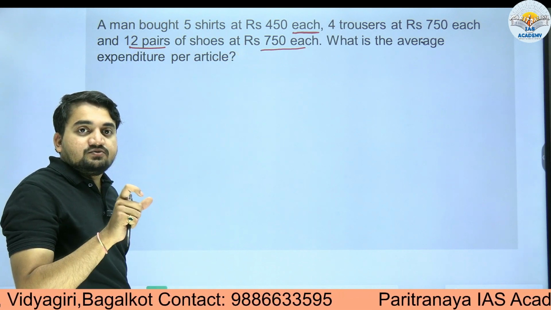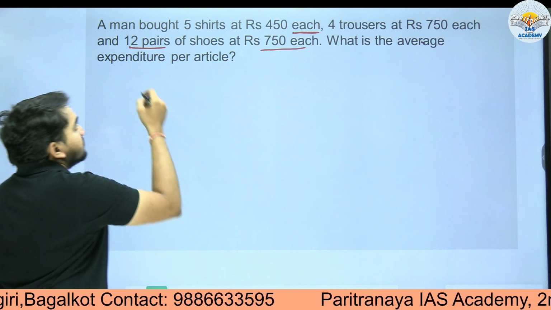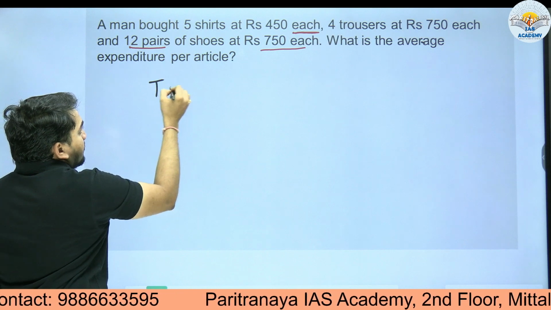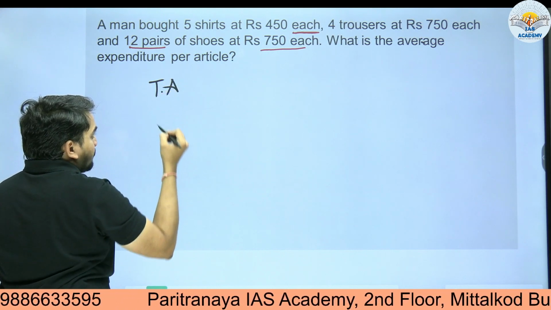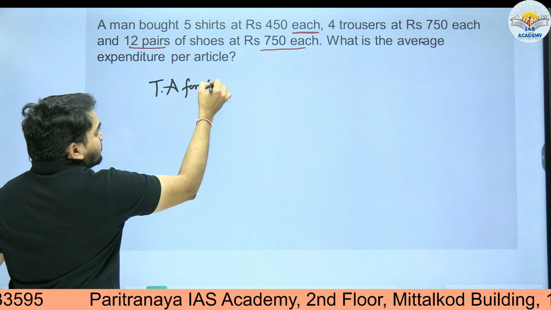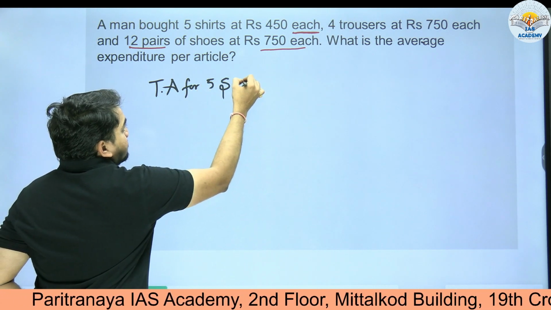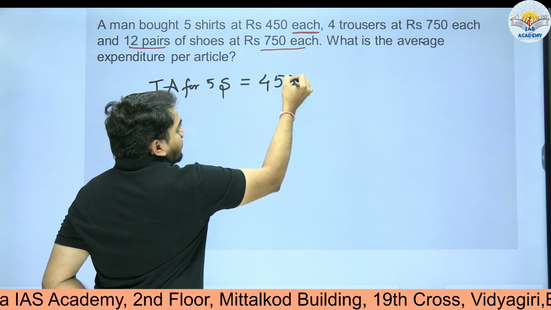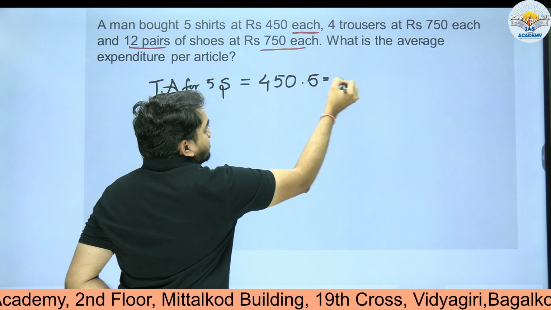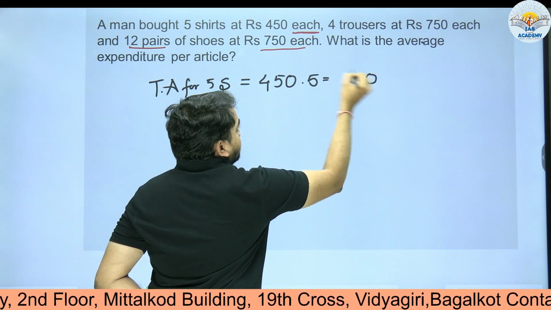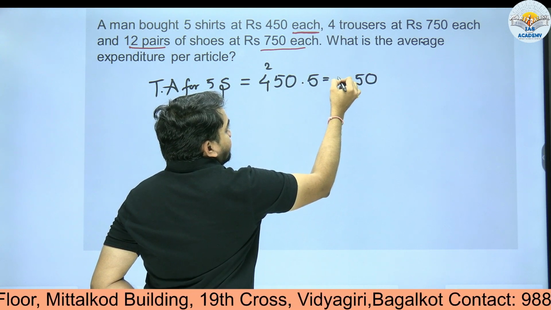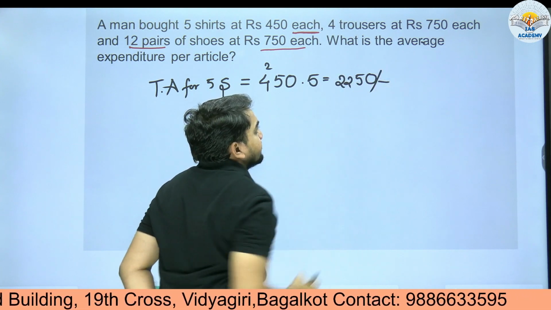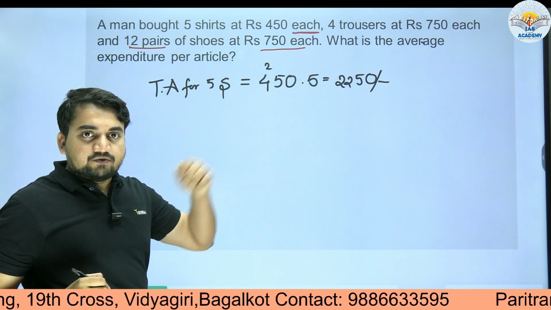So the total amount he spent for buying 5 shirts is how much? 450 into 5. 5 times 0 is 0, 5 4s are 20, 25, 22. So for shirts itself, he has spent rupees 2250.